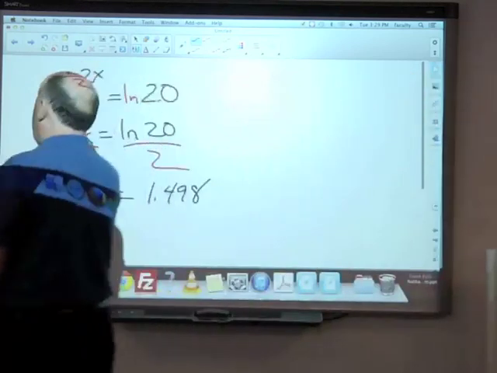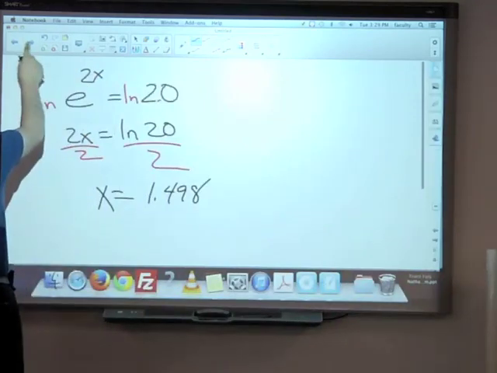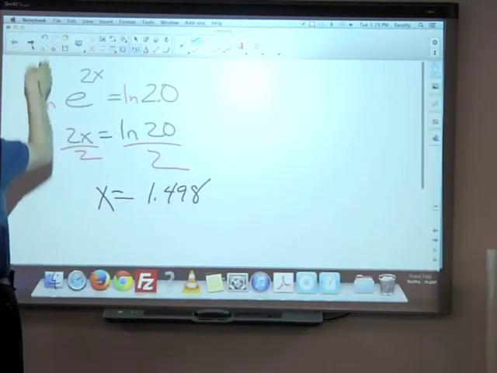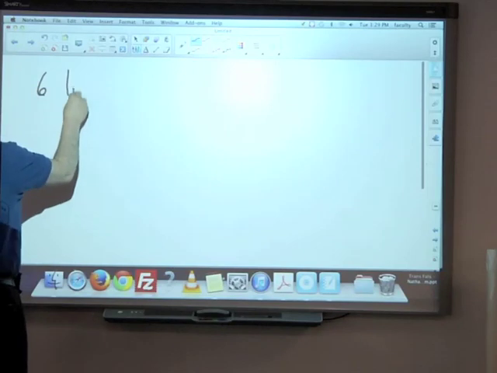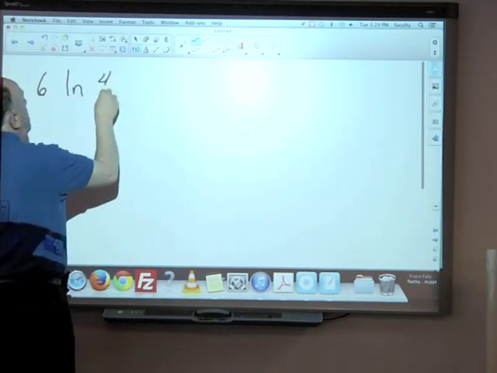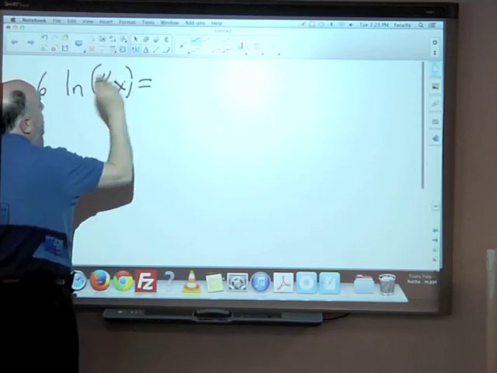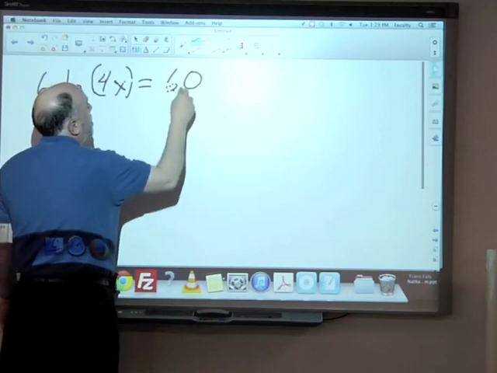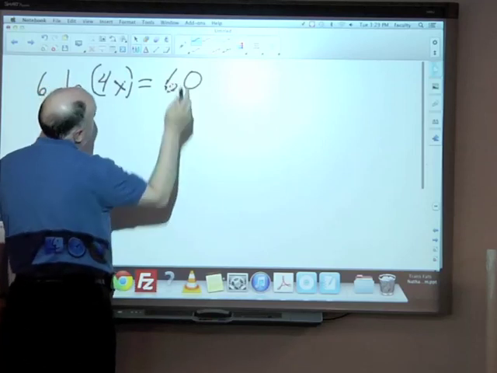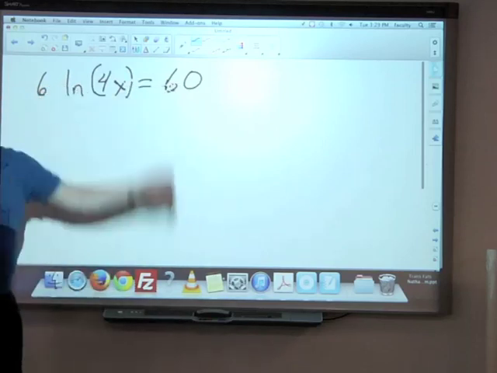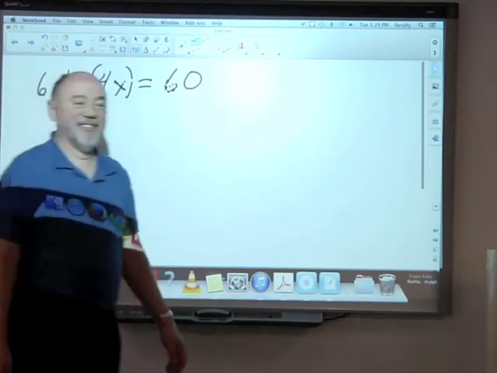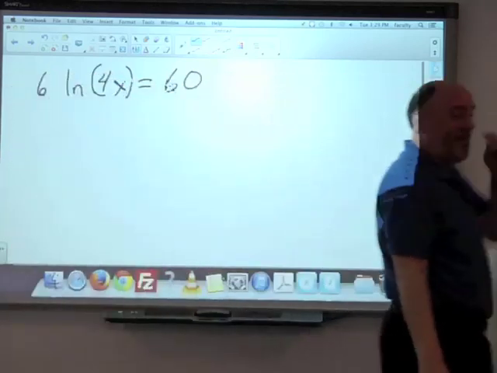Conversely, if I have one that looks like this, 6 times the natural log of 4x equals 60, I want to solve that one.